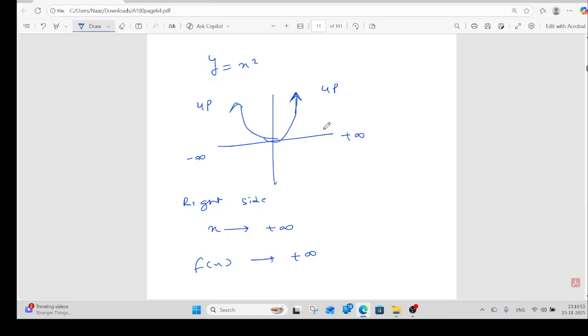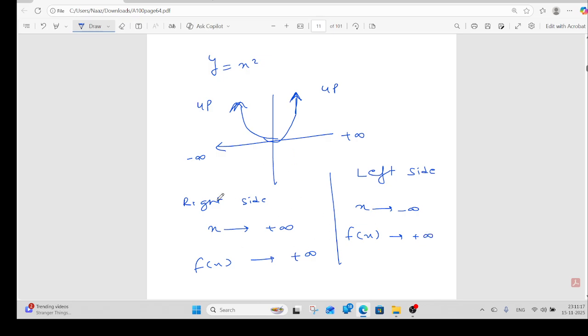Upward means positive. And if you check the left side, as x goes to negative infinity, the polynomial graph is again going in the upward direction. So I can write f(x) goes to positive infinity.